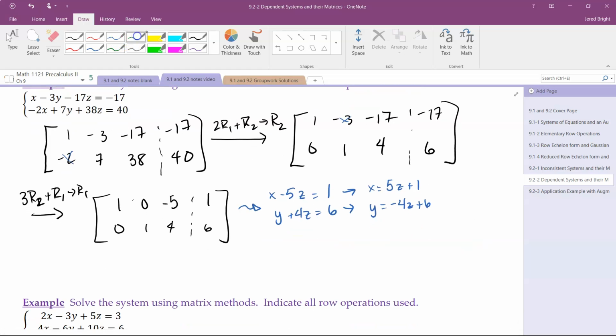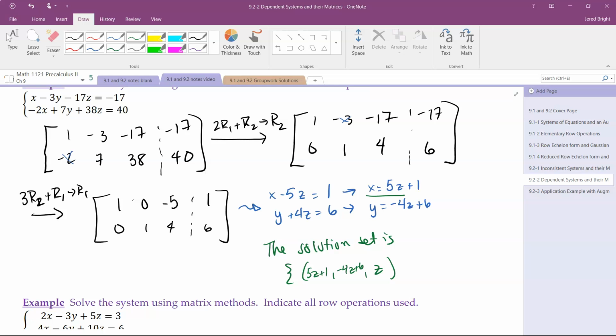Consequently, I can write the solution set as, okay, normally you would write an x value, a y value, and a z value, right? But instead of x, I have the expression 5z plus 1. Instead of y, I have the expression minus 4z plus 6. And that's all there is, okay?